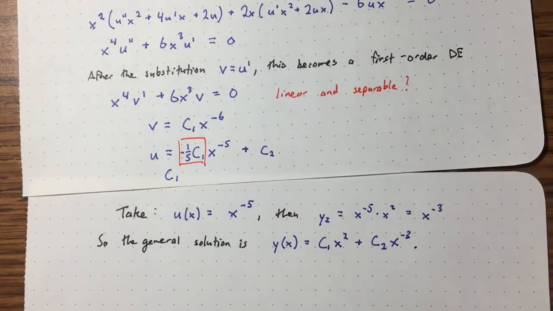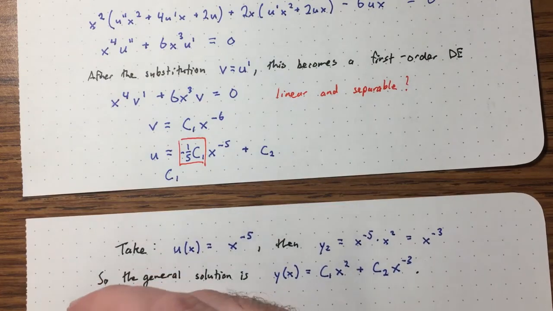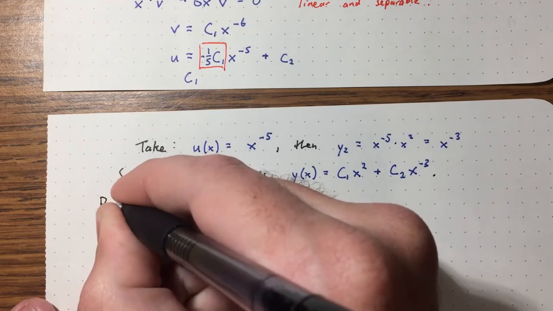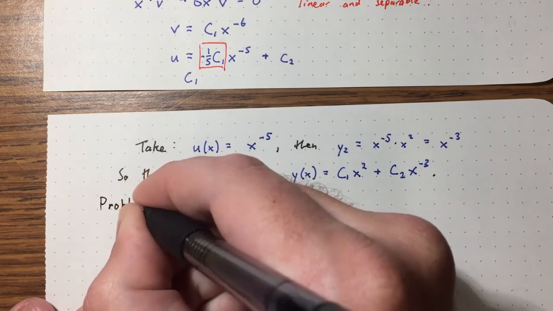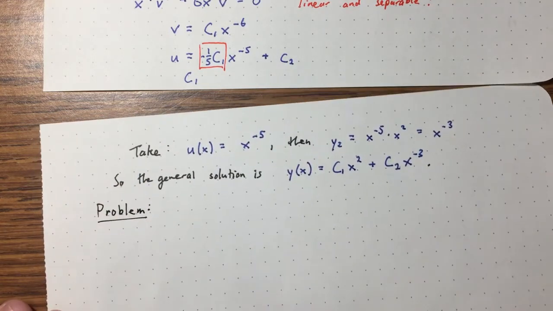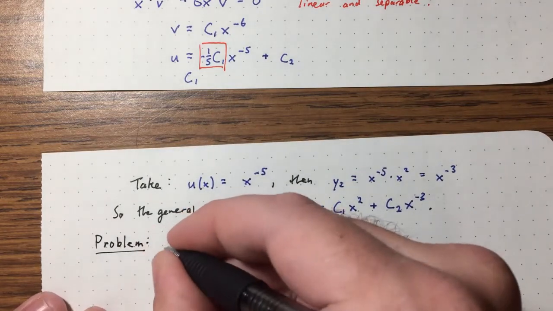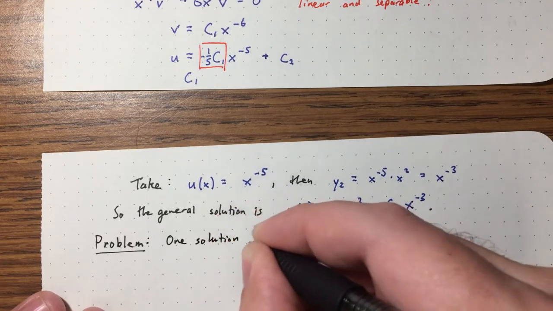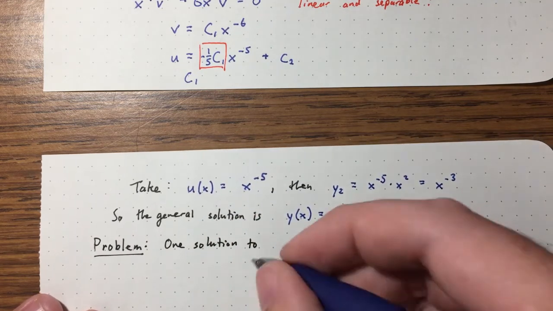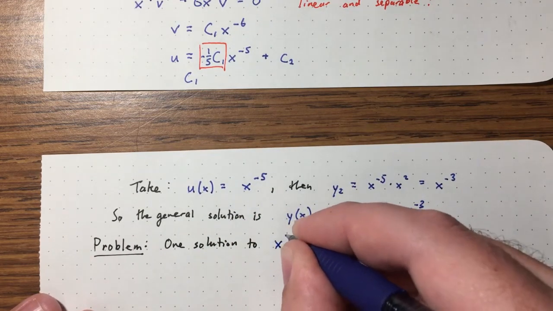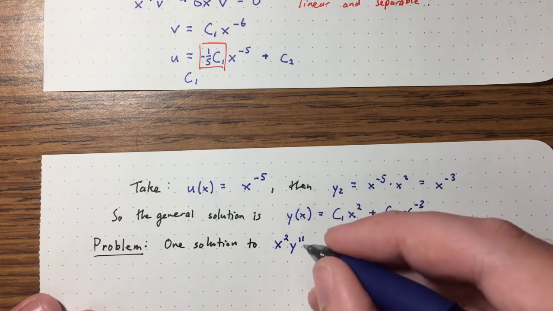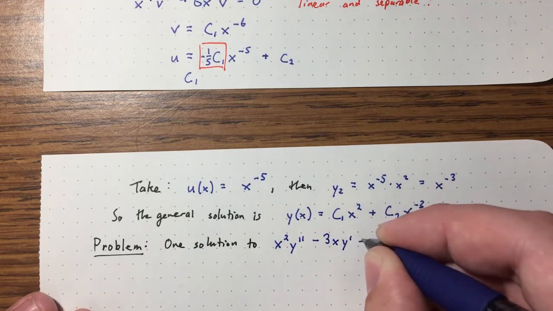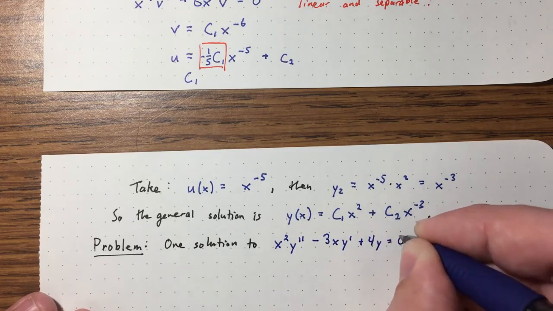Let's conclude now, but I'll give you a problem to end with, so you can practice this reduction of order. So here's a problem you can try. Let's do a similar kind of thing. I'll give you another Euler equation: x squared y double prime minus 3x y prime plus 4y equals 0.